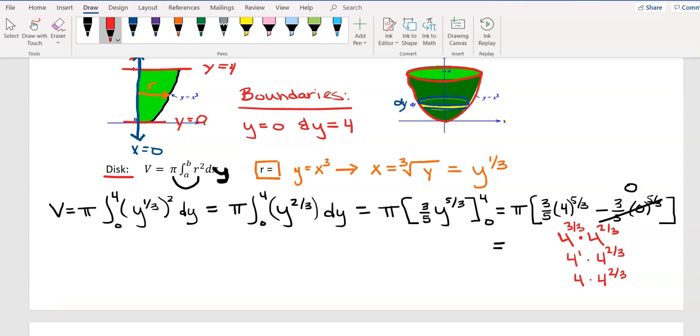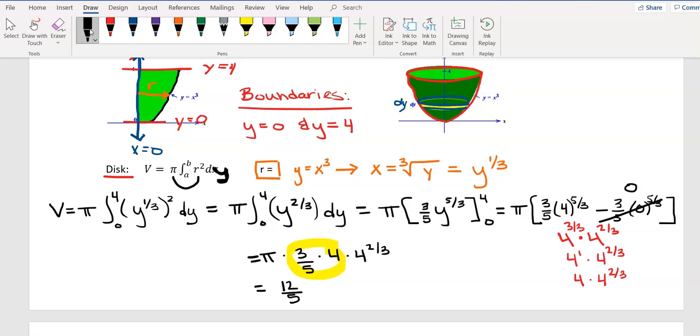And when we do, the expression can be rewritten as, I'm going to write it out to make it really clear, pi times 3/5, which was our coefficient, times 4 times 4 to the 2/3. All right, so we can definitely combine these two to get us a nice simple fraction of 12/5.